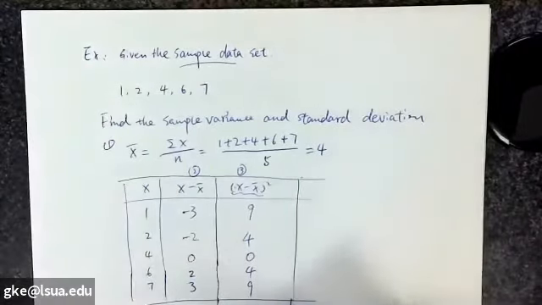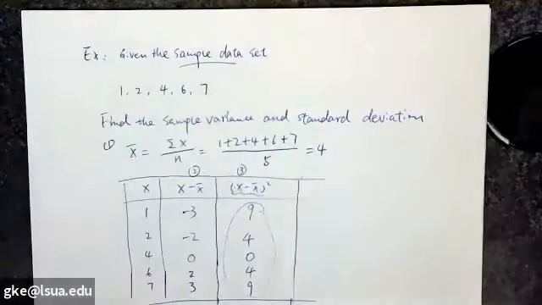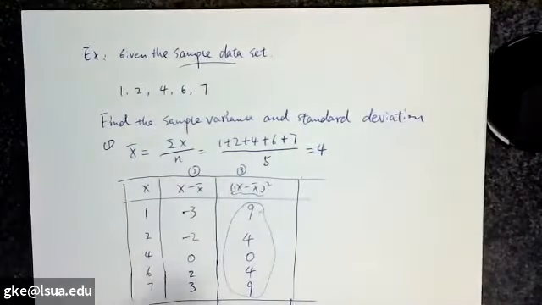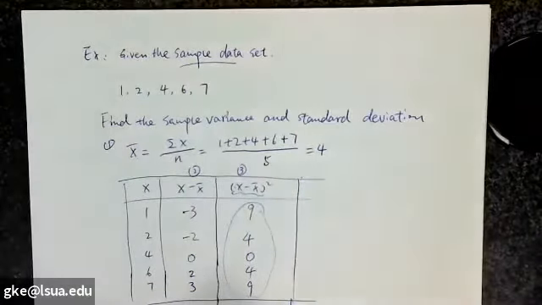Do the addition. We have 26. Now, for the fourth step, we can plug everything into the formula and calculate the sample variance.